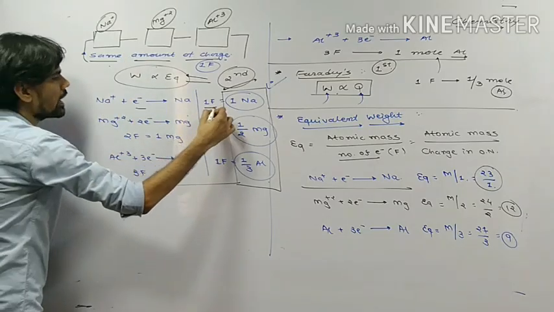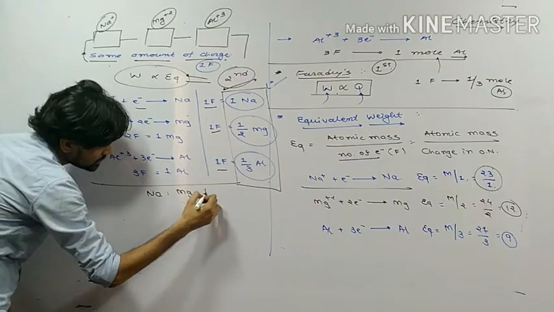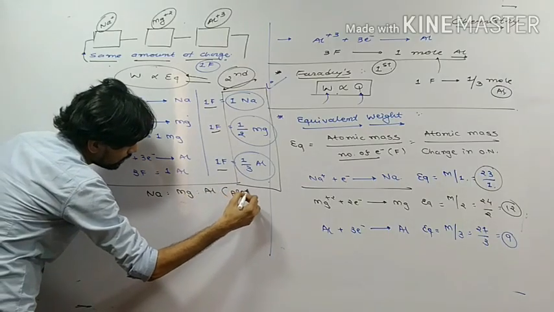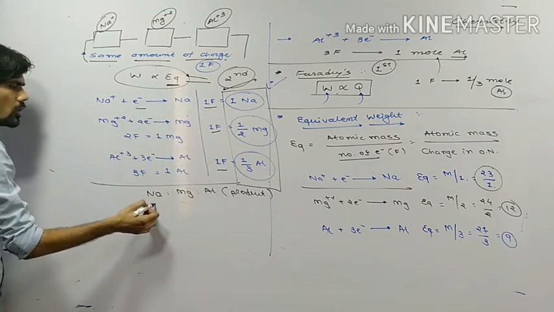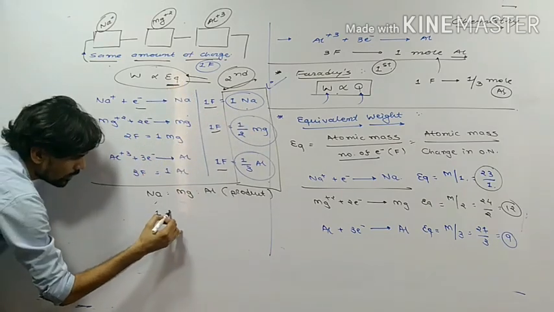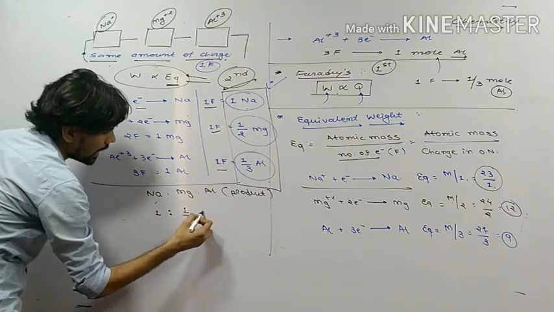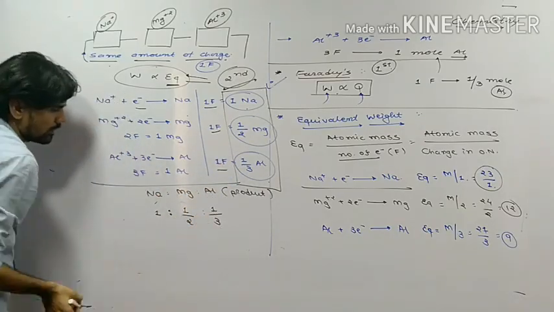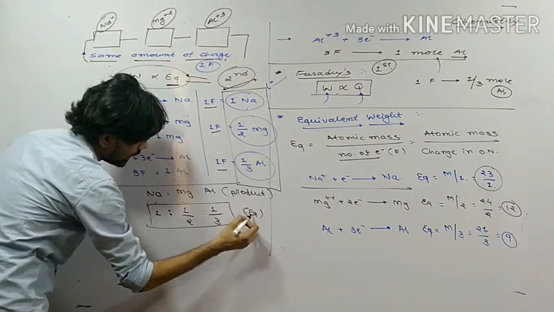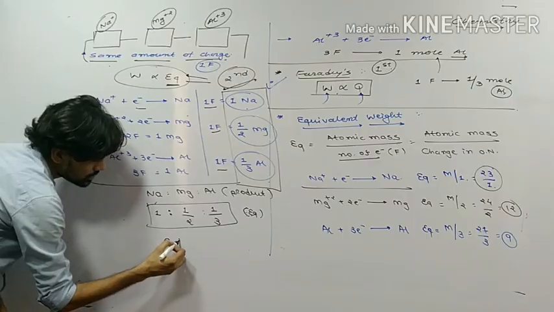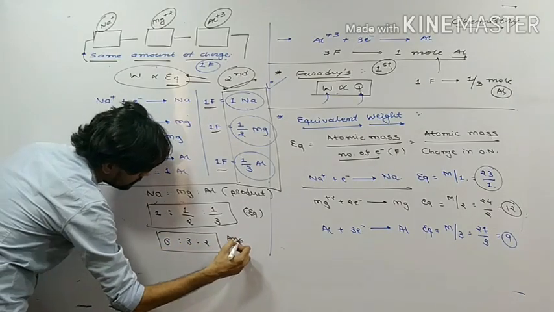Same charge, 1 Faraday each. Na is to Mg is to Al. Product is directly proportional to what? Equivalent weight. Sodium is 1, magnesium is 1/2 and aluminum is 1/3. The LCM should be 6. 6 is to 3 is to 2 is our answer.